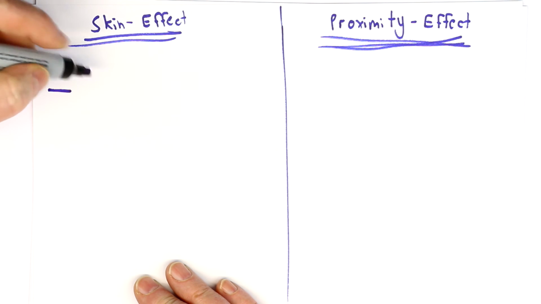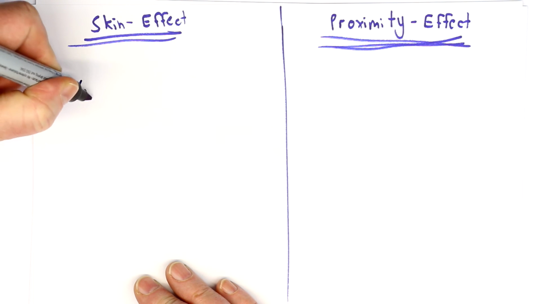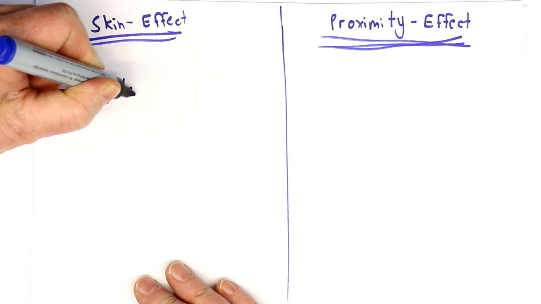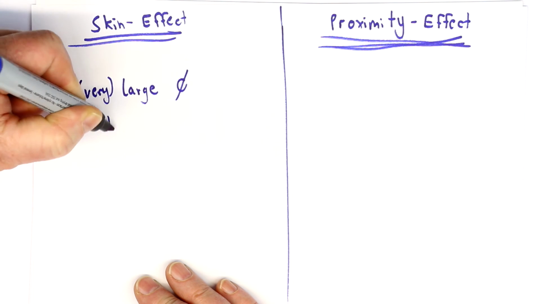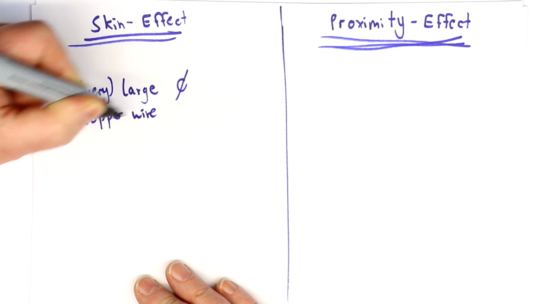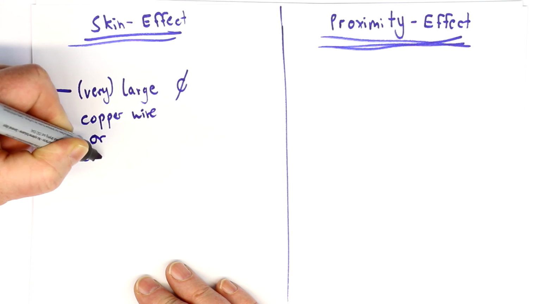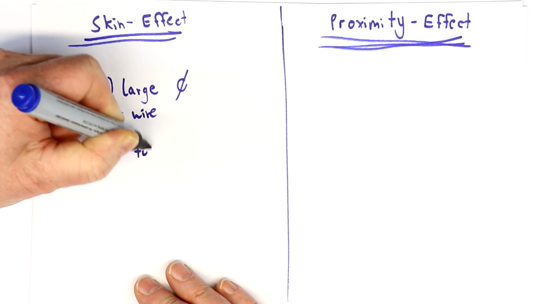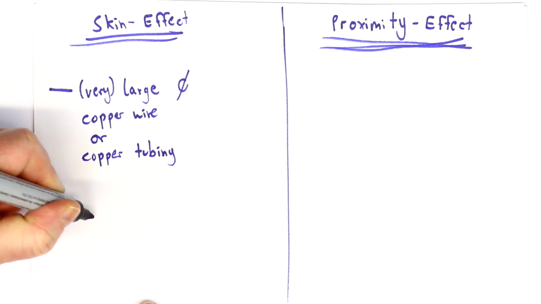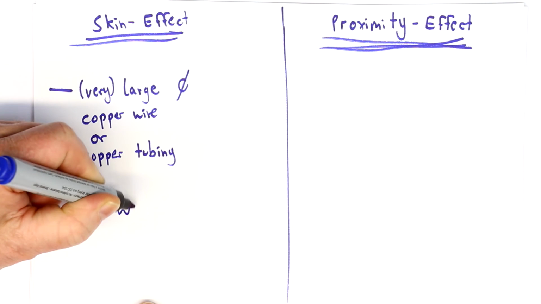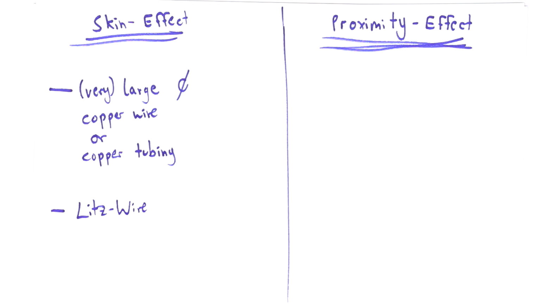We could, to counteract the skin effect, either use a very large diameter solid copper wire or hollow copper tubing when solid wire is no longer practical. Or we could use litz-wire, which is more elegant, a little bit more expensive, but flexible, has smaller total diameter, etc.